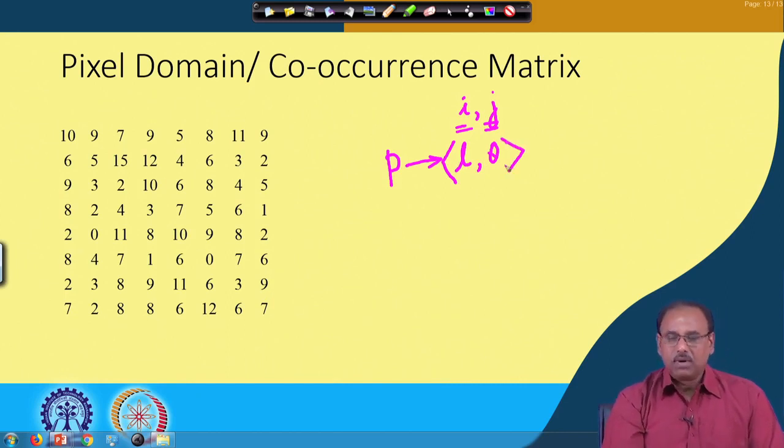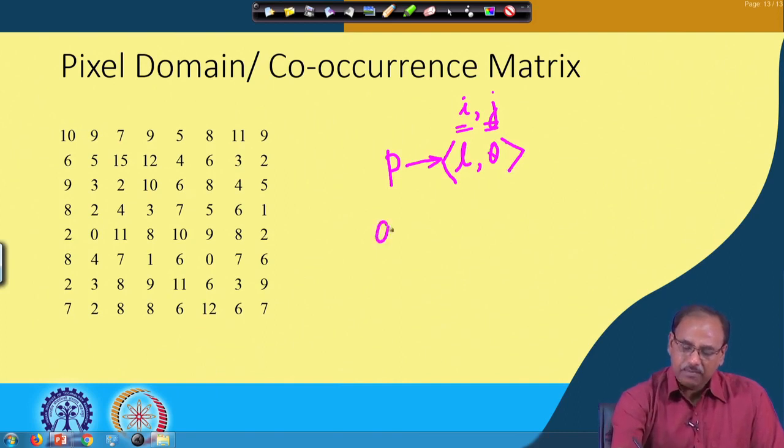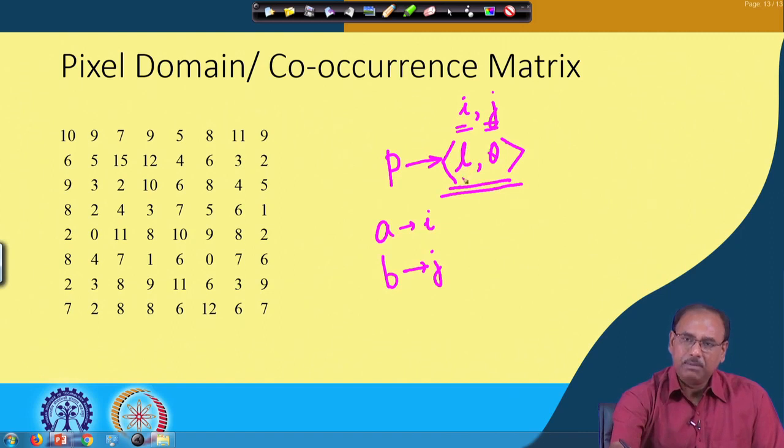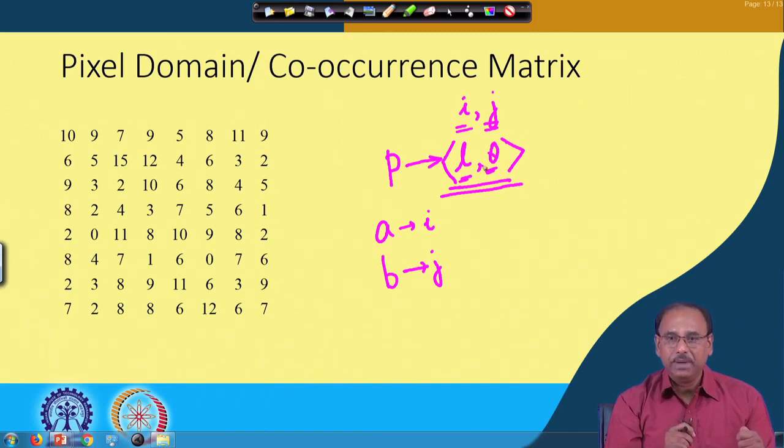So, by this what I want to say is, if I have two pixels, say A having an intensity value i and another pixel B having an intensity value j, then the pixels A and B will be separated following this positional parameter. That means the distance between the pixels A and B will be L, and the orientation of the line joining these two pixels A and B will be theta with, say, the horizontal axis.